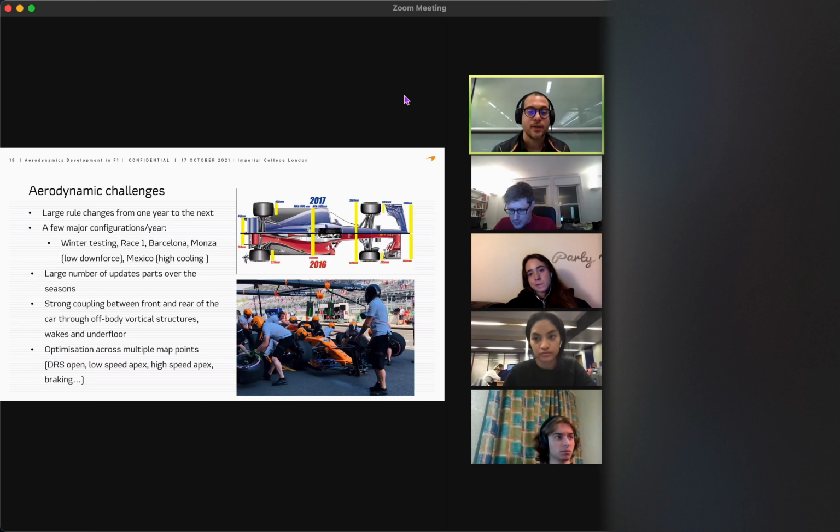And additionally, you have more things to take into account. You have your DRS open or closed. We mentioned that you have low speed apex corners, high speed apex. You have to take into account braking, acceleration.